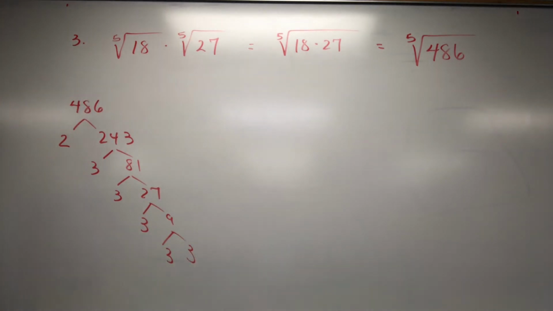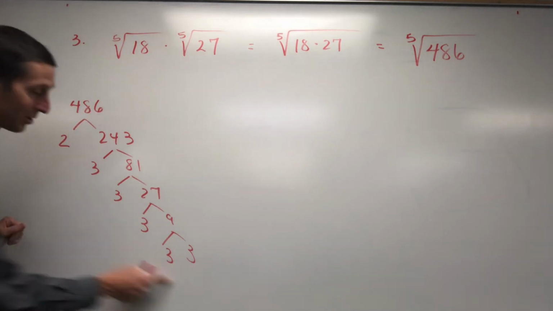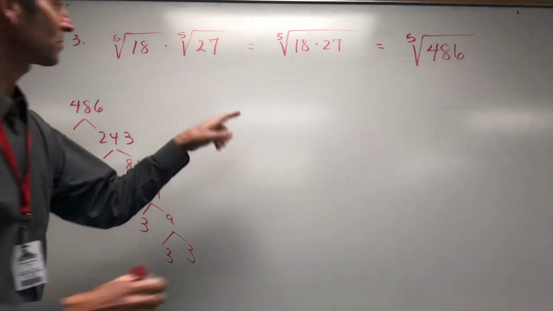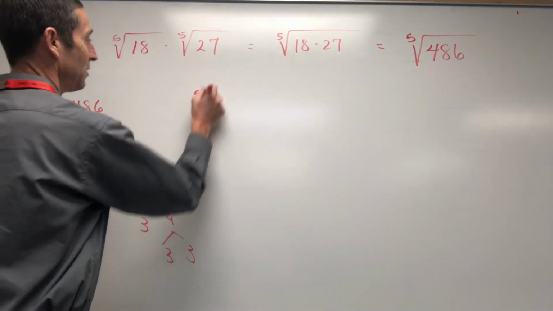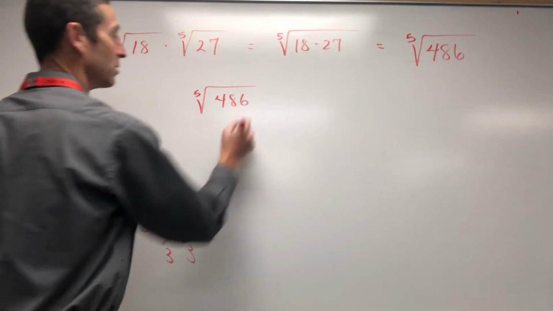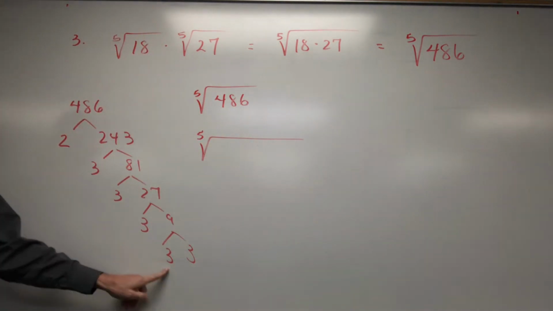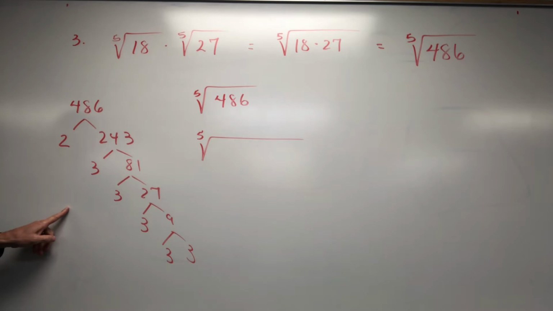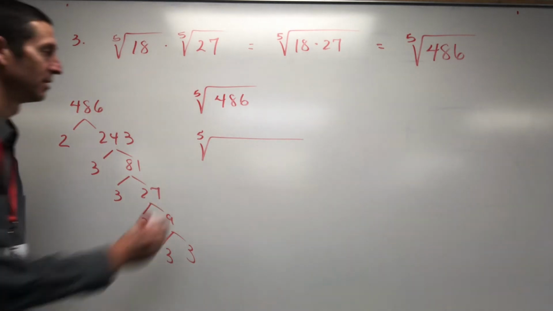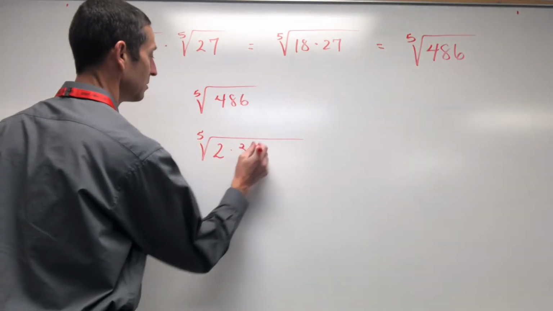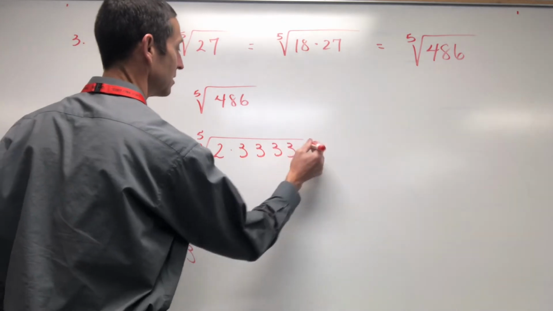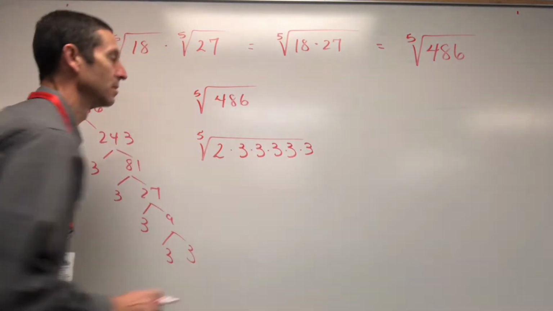So you go to work on the 486, and you got a 2, and you got a truckload of 3s. So you did have fifth root of 486, but now it becomes fifth root of what you factor tree down: the 2, the 3, 3, 3, 3, 3.